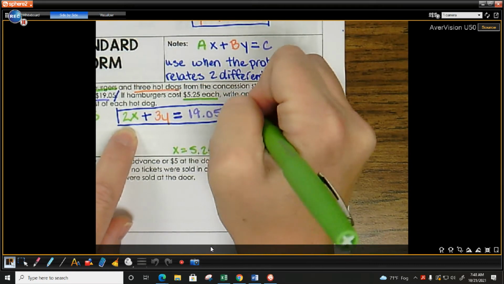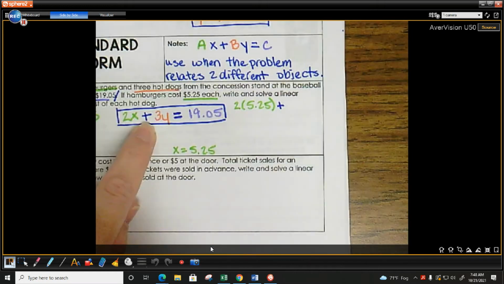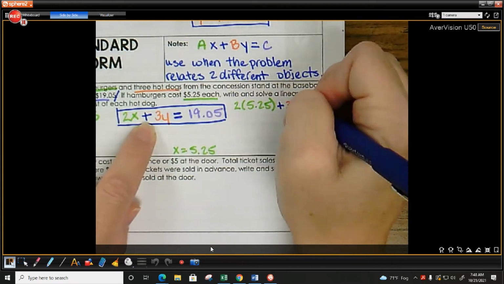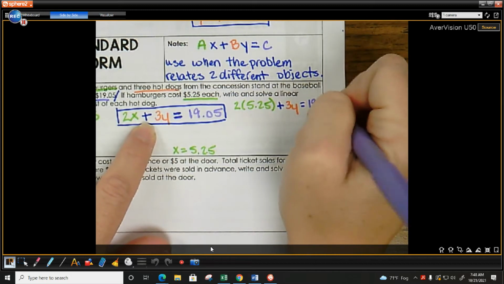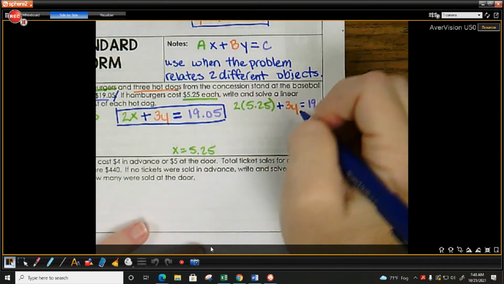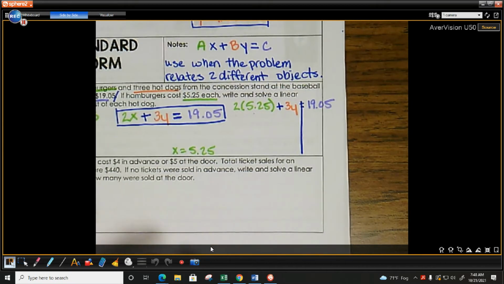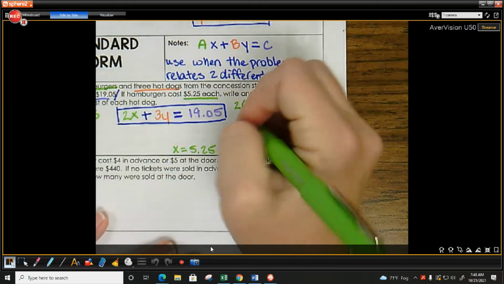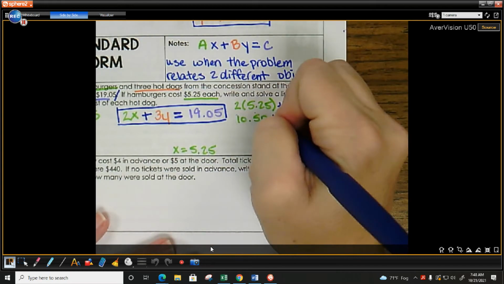So 2 times 5.25 plus 3Y equals 19.05. Draw your line through the equals. Okay, what is 2 times 5.25? So 10.50, because we're still talking about money. You want 50 cents.